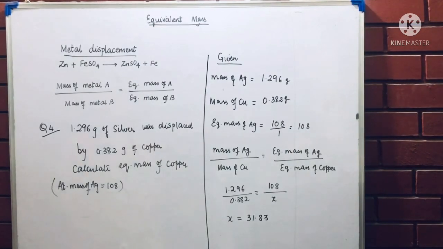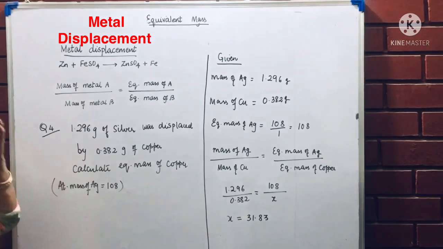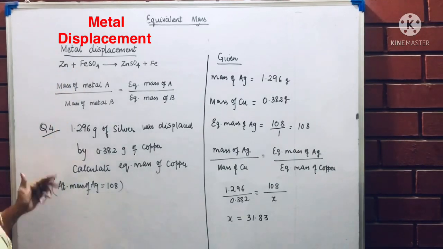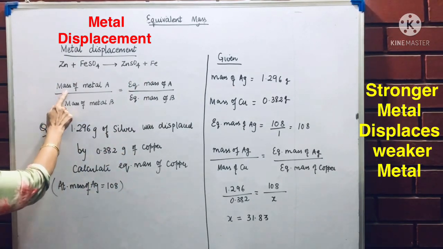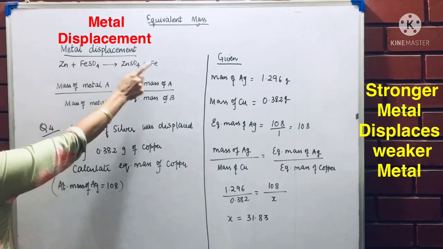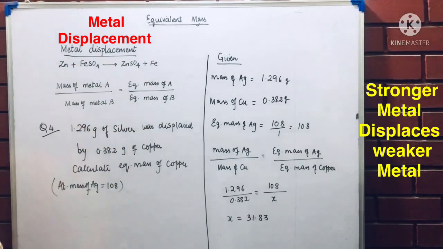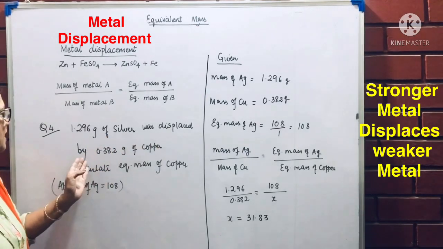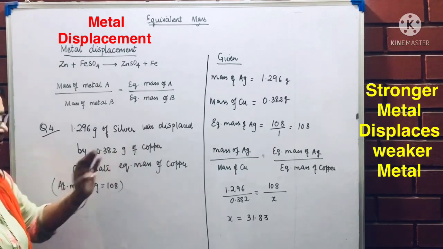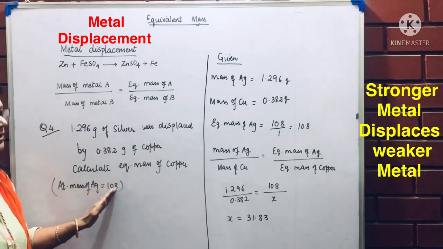Now see another method, the metal displacement method. Metal displacement means zinc plus ferrous sulfate gives zinc sulfate plus iron. So zinc has displaced iron. We are looking at two metals here, zinc and iron. So mass of metal A upon mass of metal B is equal to equivalent mass of A upon equivalent mass of B. Very, very simple. Now the question says 1.296 grams of silver was displaced by 0.382 grams of copper. Calculate the equivalent mass of copper. The atomic mass of silver is also given, 108.